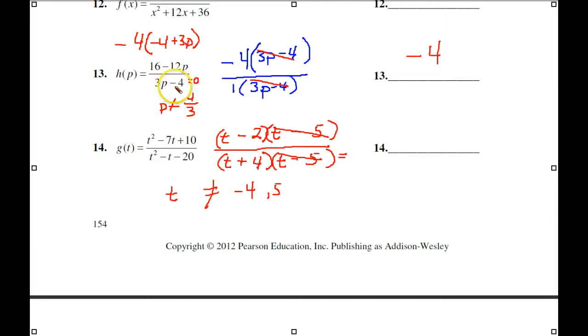We're not going to do this a lot, but every once in a while they'll ask us to remember that there are certain values of the variable in the denominator that cannot be used because they make the expression undefined.